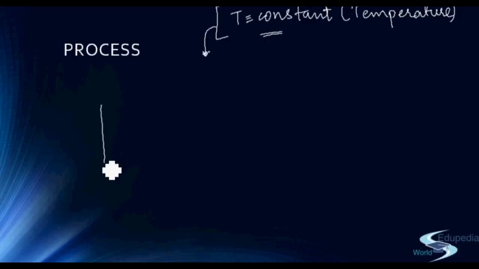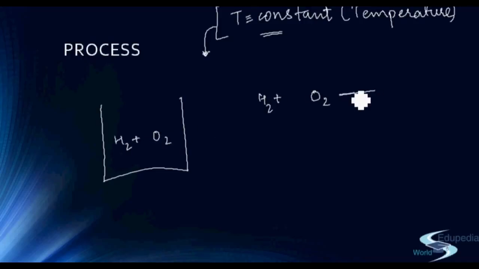So let's take a container. In this container I have taken my reactants H2 plus O2. As soon as I take this H2 and O2 in my container, these two reactants can react and form H2O. The balanced equation can be written in a different form. We can write it like this. This is the balanced chemical equation which shows that H2 and O2 combine to form a water molecule.